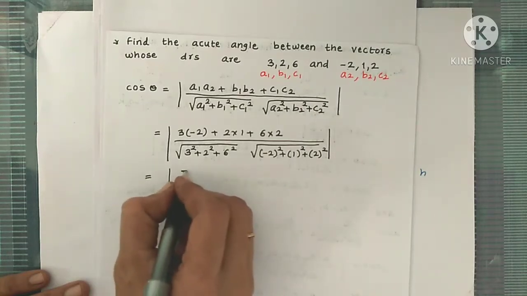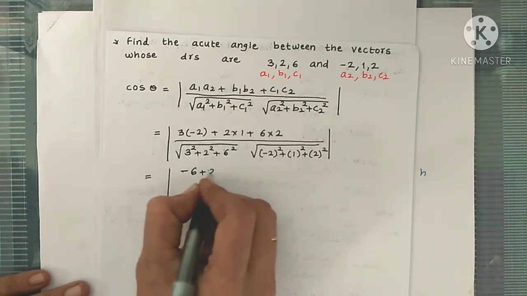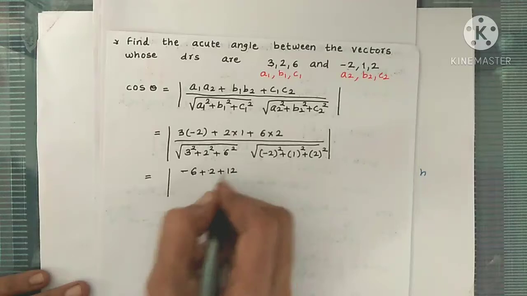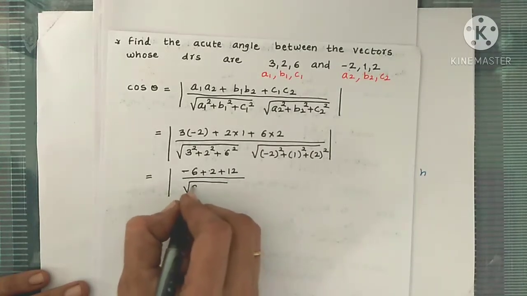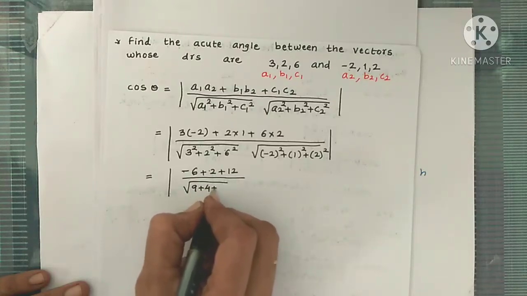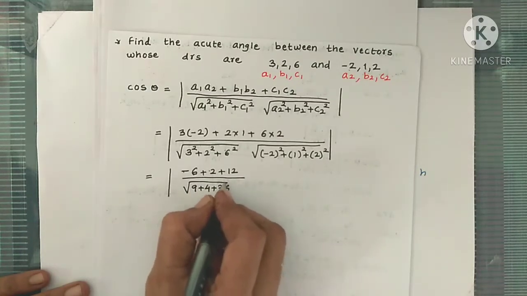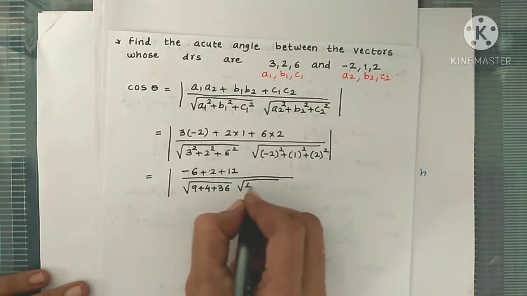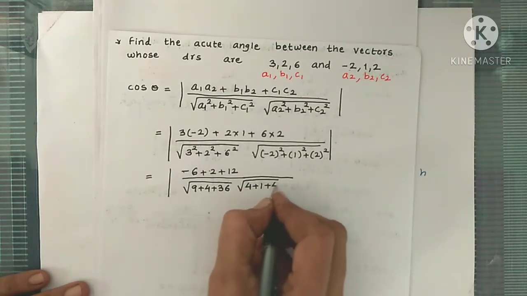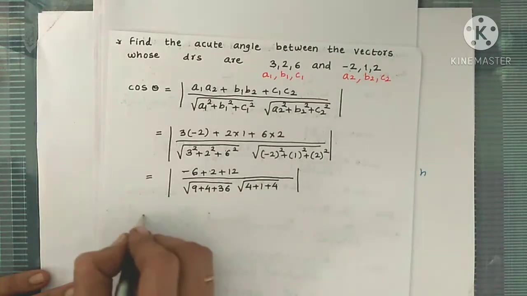So it is minus 6 plus 2 plus 12 divided by root 9 plus 4 plus 36, and this is root 4 plus 1 plus 4.